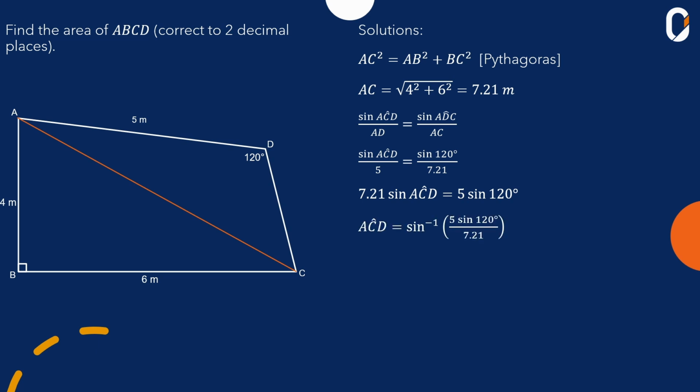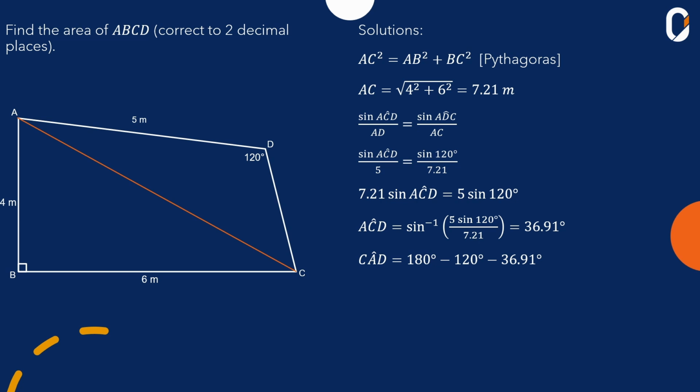Dividing both sides by 7.21 and moving the sine to the right-hand side, I will have angle ACD is equal to arc sine of 5 sine 120 degrees divided by 7.21, and that will give me an ACD value of 36.91 degrees. And now I'm going to find angle CAD.